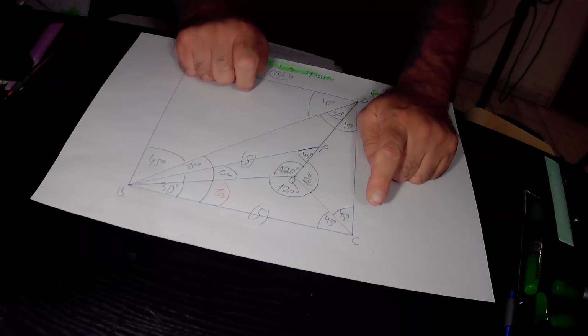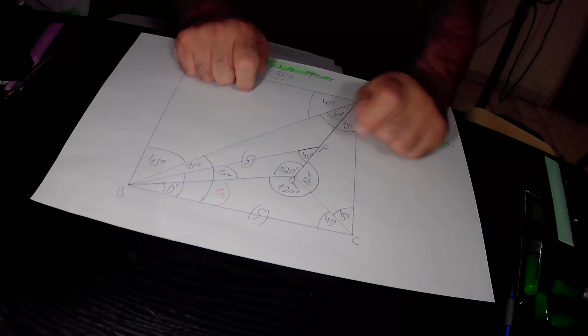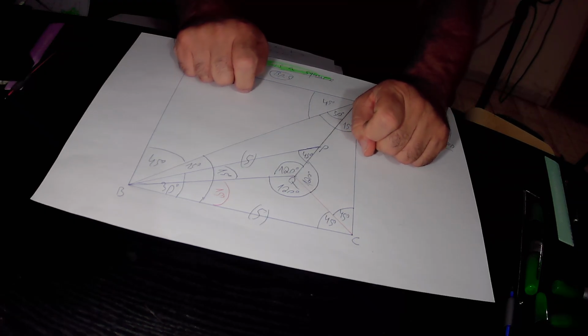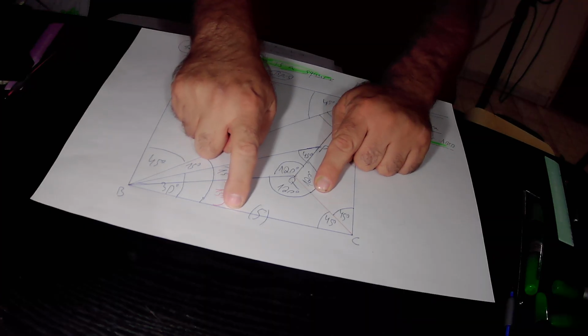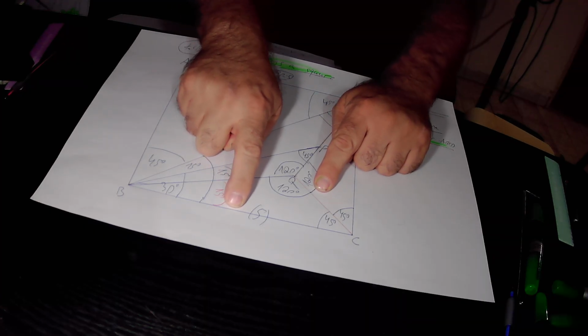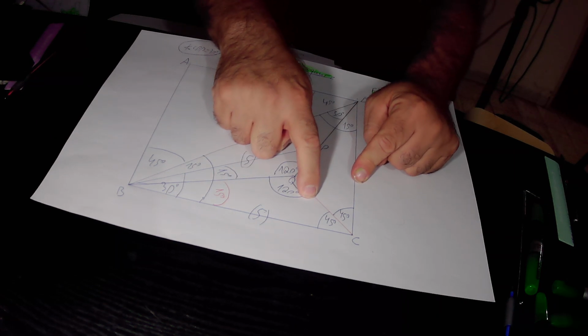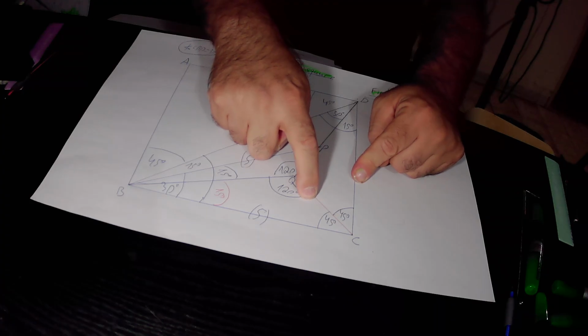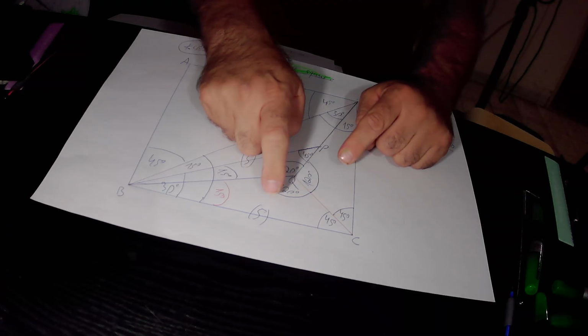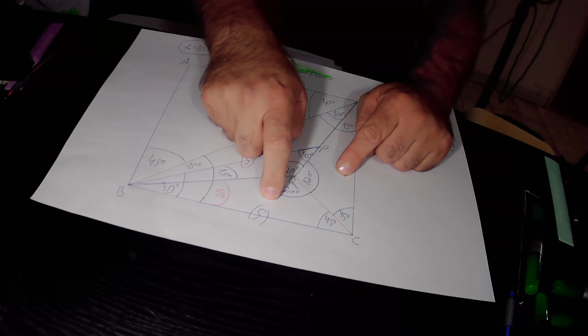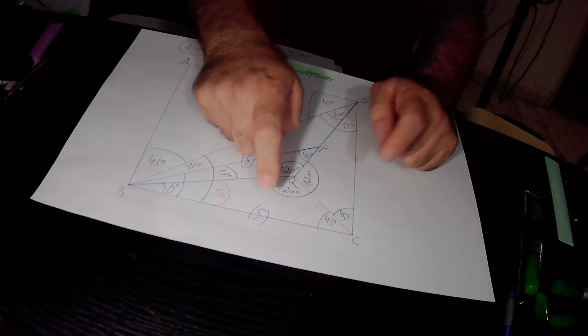So can I know that QC equals itself as the common side that belongs to both triangles? So I have proved that those two sides and the angle included between those two sides in this triangle BQC are correspondingly equal to those two sides and the included angle in this triangle DCQ. And therefore, those two triangles can go into each other according to the side angle side rule.